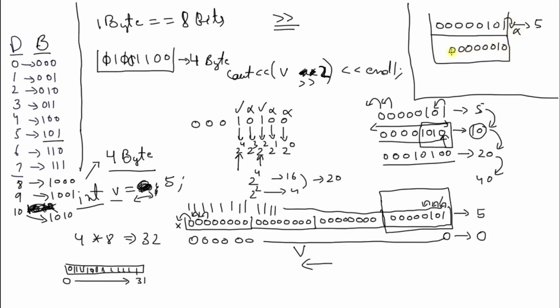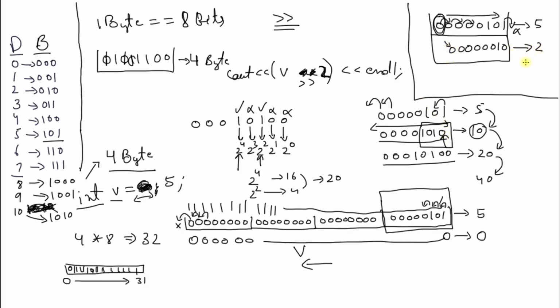And as I told you, as the bits move this way, one empty space will come here, and in the last there will be one space. That space is always filled with zeros only. So this is going to be your result, which is 2.